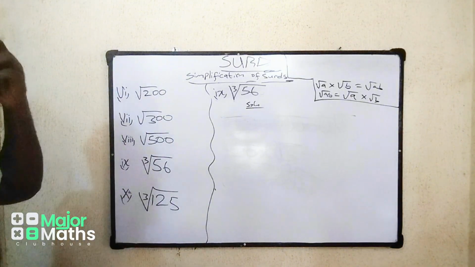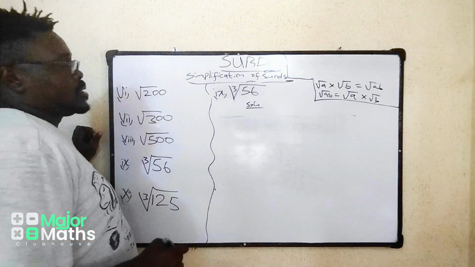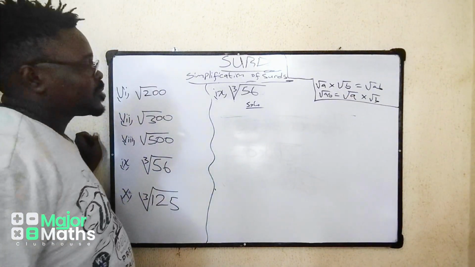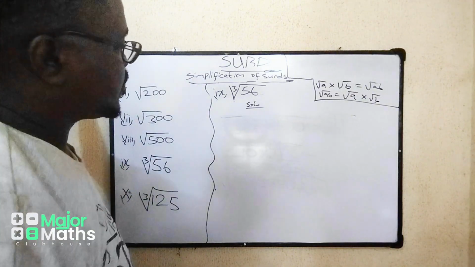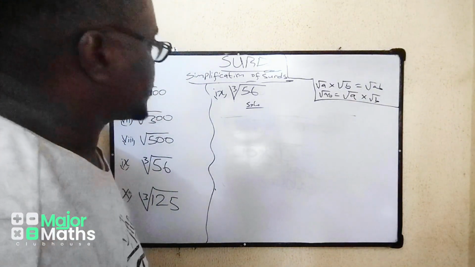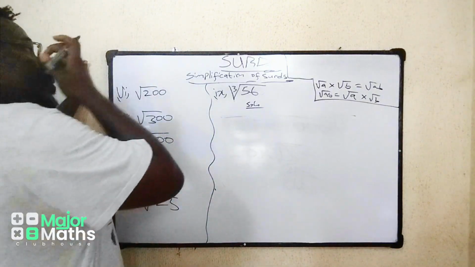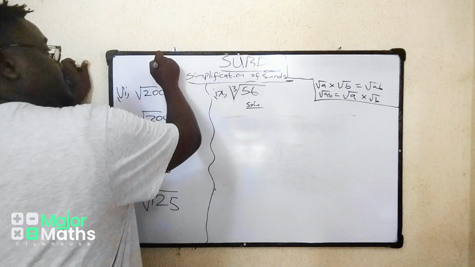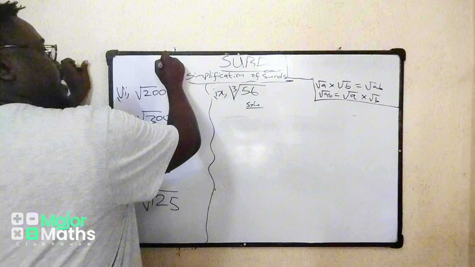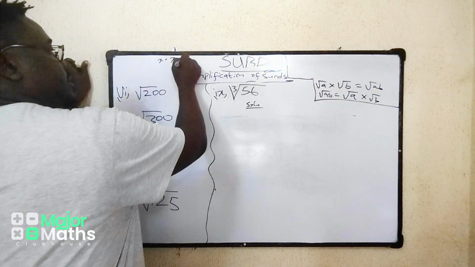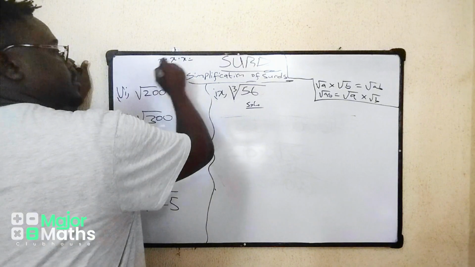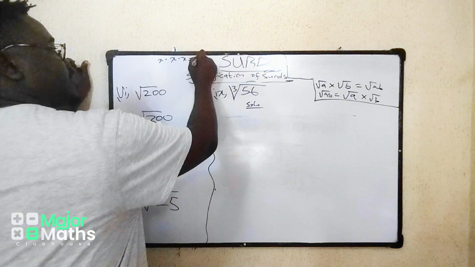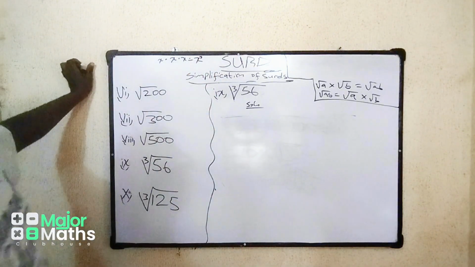All right, we have cube root of 56. I think we'll do this now. So always consider when I say cube root, what is cube first? Cube is x times x times x, which gives you x raised to the power of 3, or x cube.